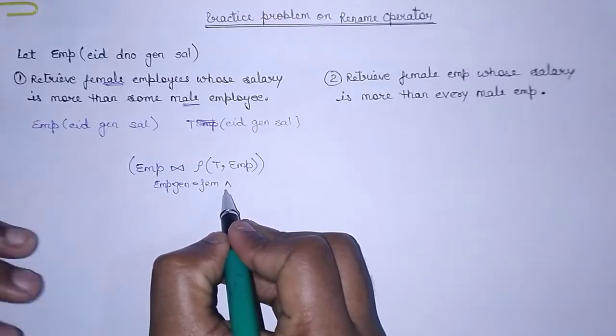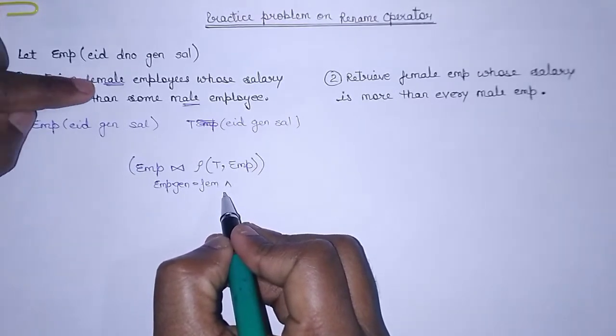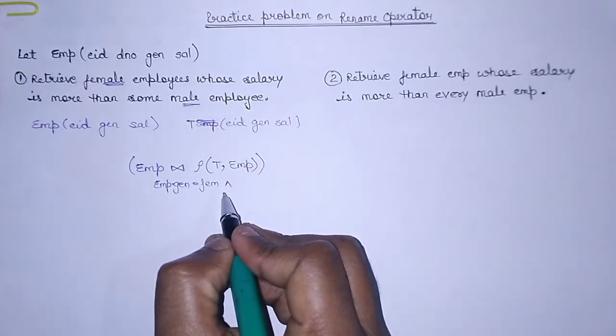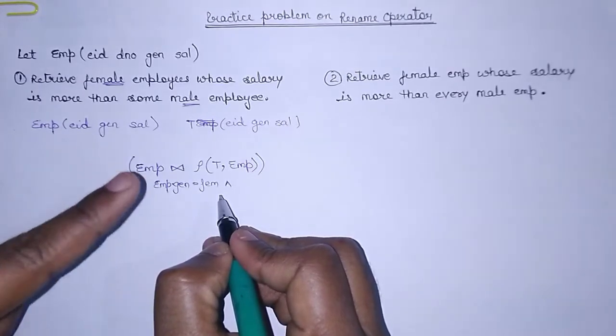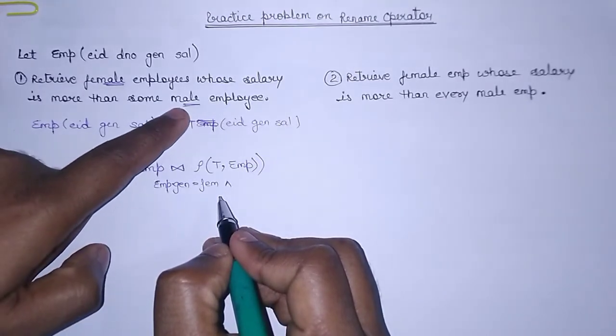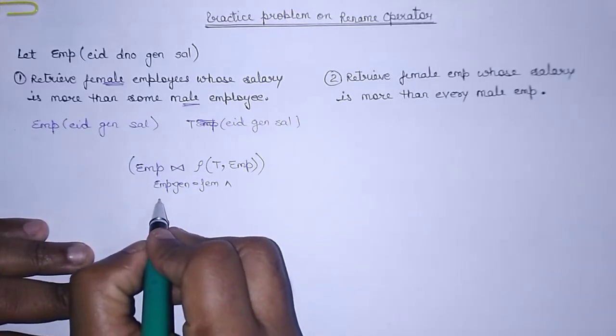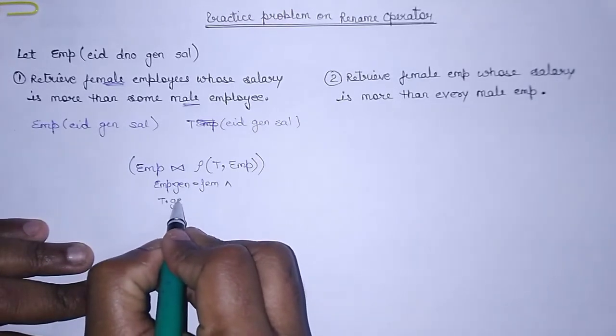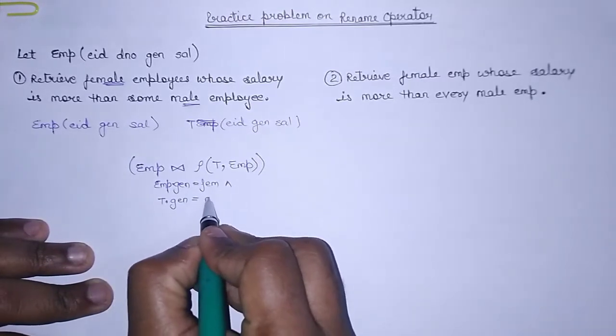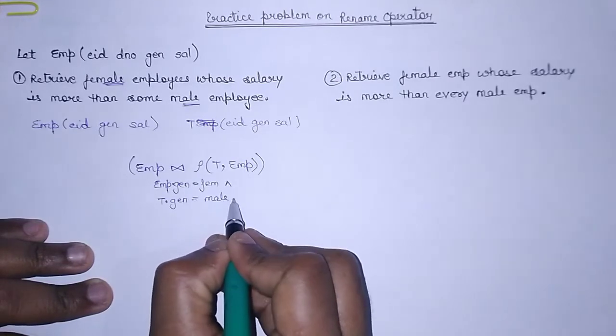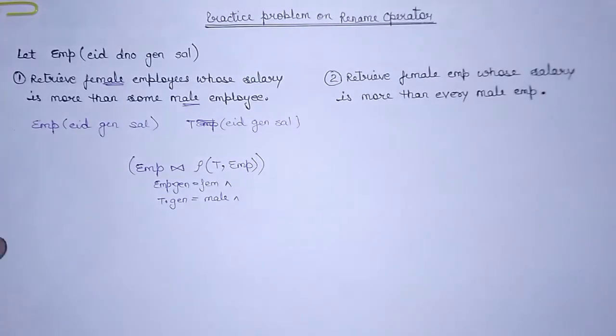We have multiple conditions here. First is this. Second, the gender of the other table has to be male, that means T dot gender has to be male. So these are the two conditions.